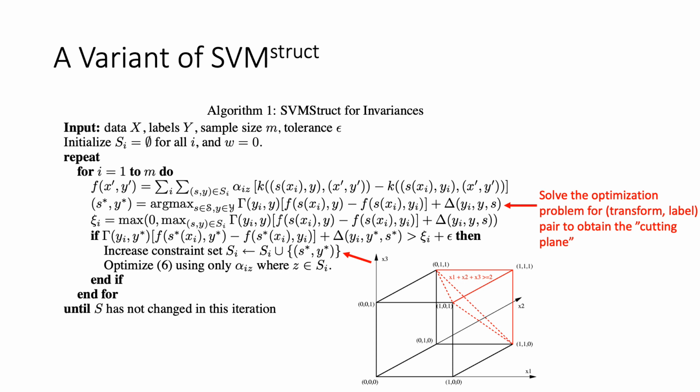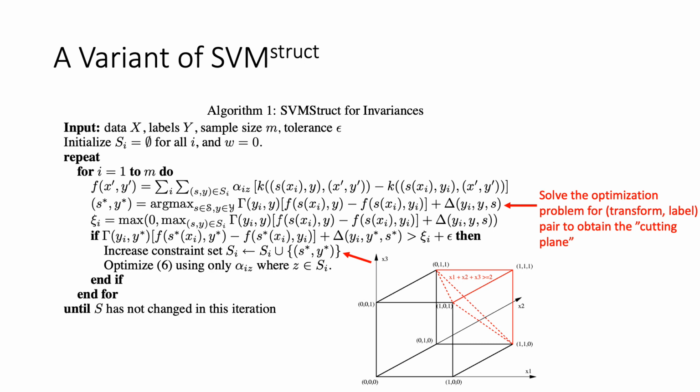It will search over all of the combination pairs to give us the maximum, essentially the worst possible transformation that it could find, given, of course, the current working constraint set.